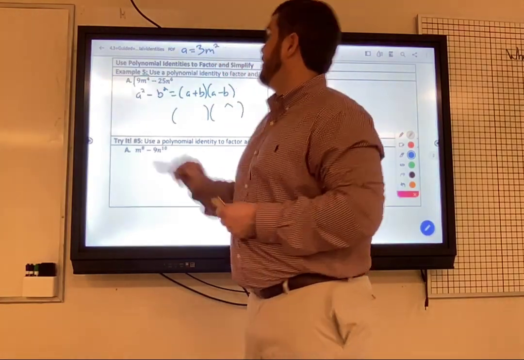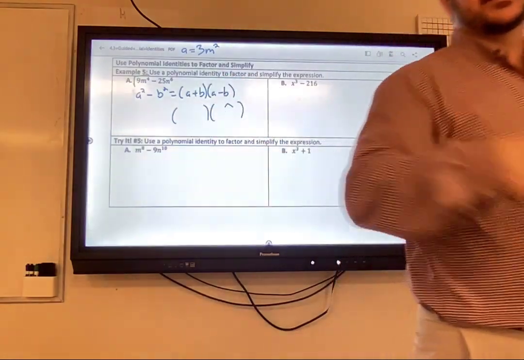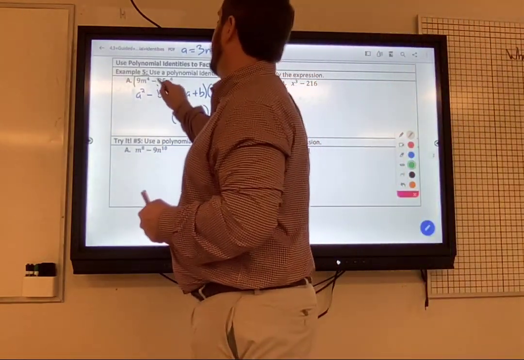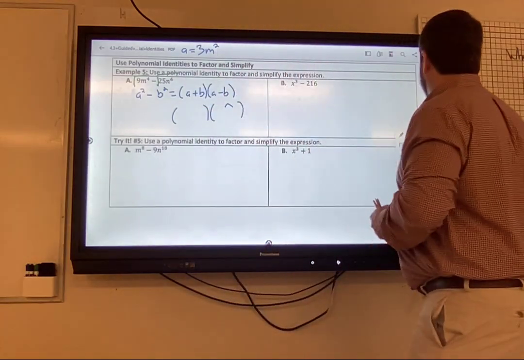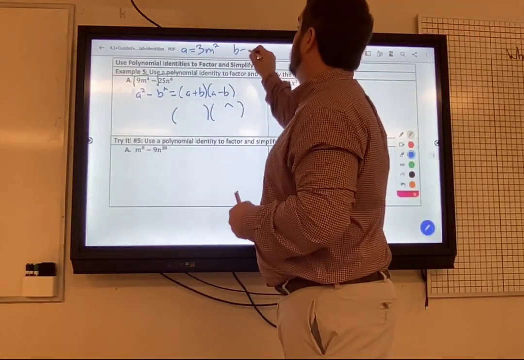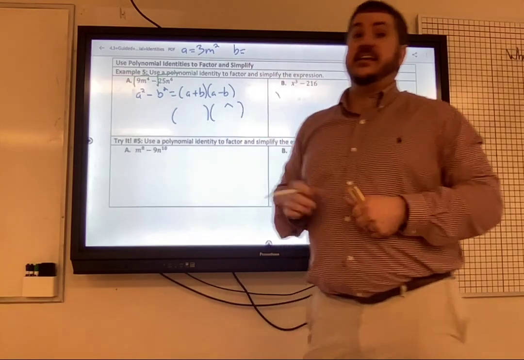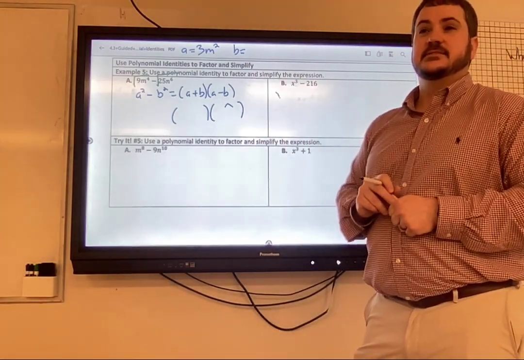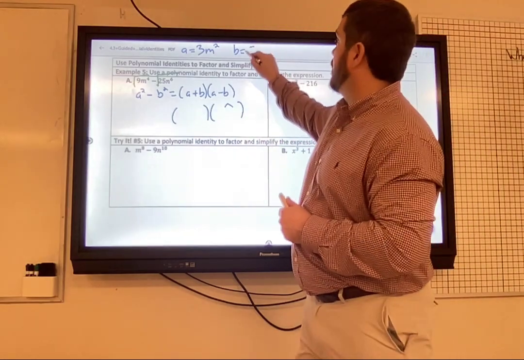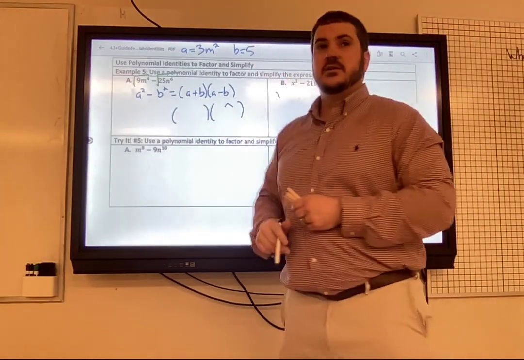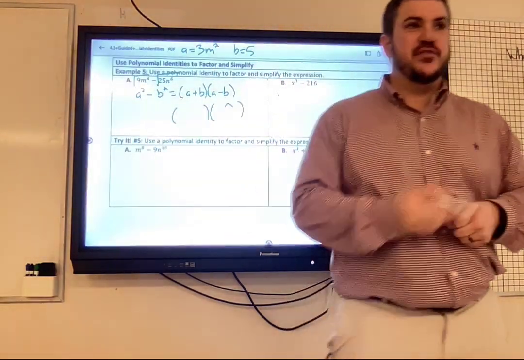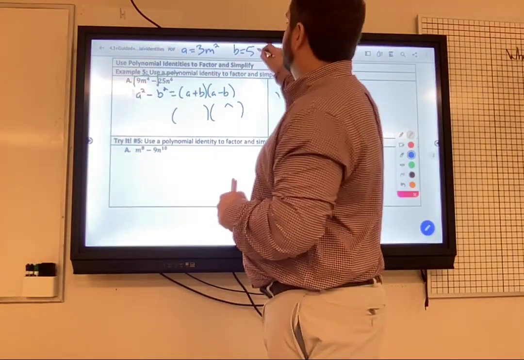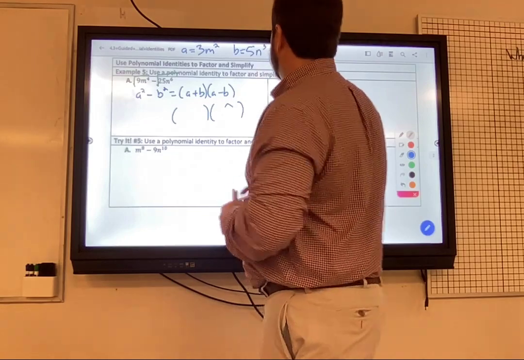I know that's weird, but if you square root m to the 4th, you get m squared. All we're doing is figuring out what A is and what B is so we can plug into the identity. What do you think the square root of 25 n to the 6th is? Square root of 25 is 5. What times itself would give you n to the 6th? N cubed.